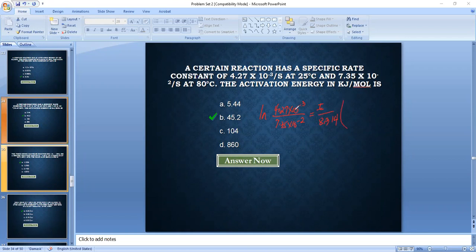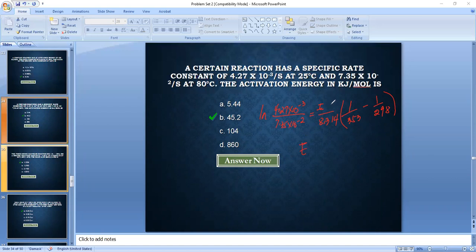And our temperature here will be the temperature at 80. So you're in Kelvin. So 1 over 353, and the other one is 25 plus 273, that would be 298. You'll be getting the activation energy here.